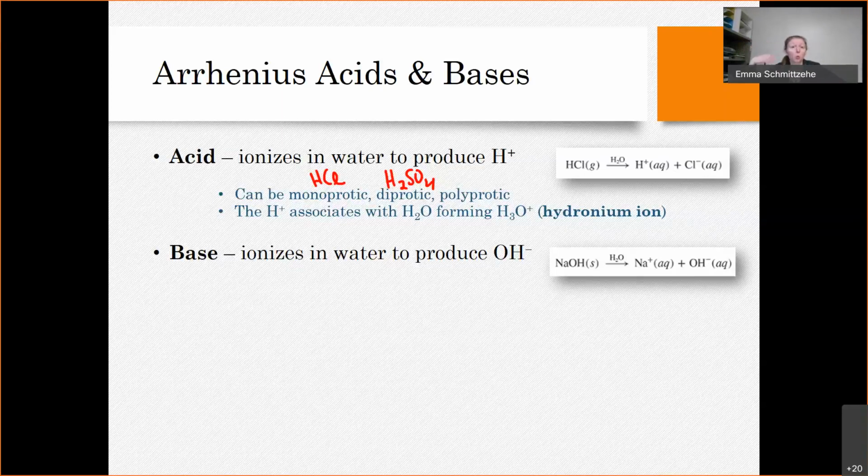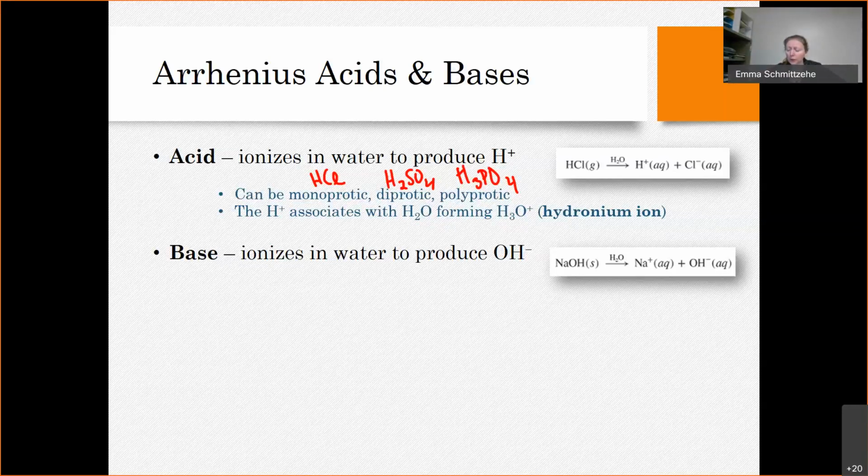That means you have more than one proton. So H2SO4 could also be considered polyprotic, or something like H3PO4, phosphoric acid. That's a polyprotic acid because it gives you multiple protons. In that case, it would give you 3 H pluses, or at most that's what it could release in solution.